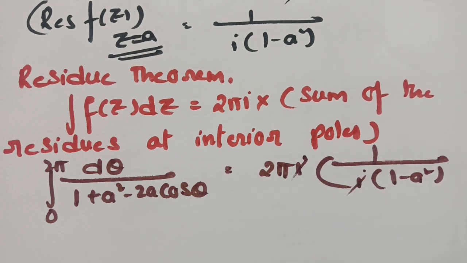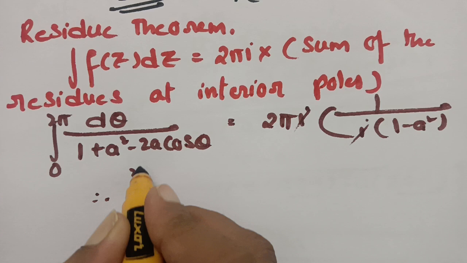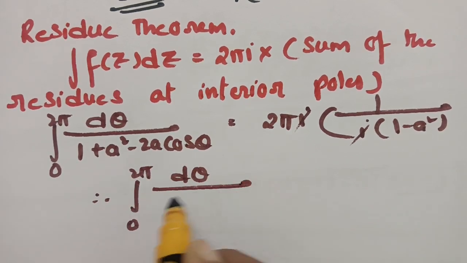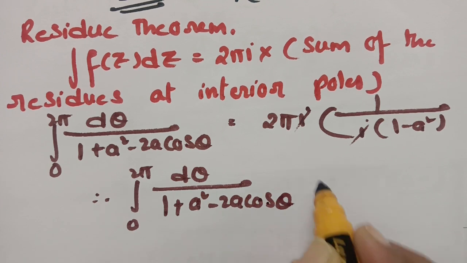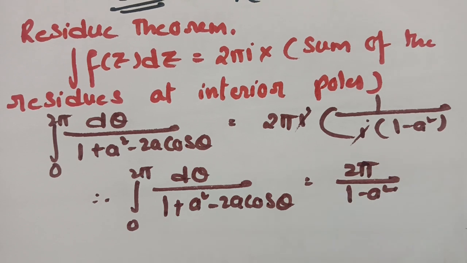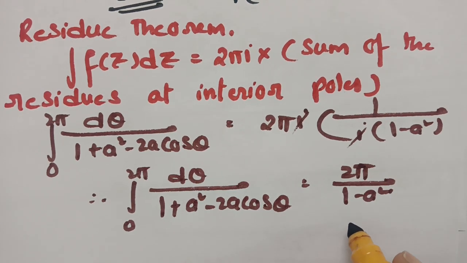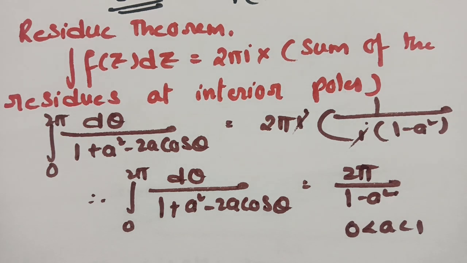Now if I cancel these two and multiply, therefore integral 0 to 2 pi d theta by 1 plus a square minus 2a cos theta value is equal to 2 pi by 1 minus a square. Here 0 less than a less than 1 is the condition. So this is the final answer.